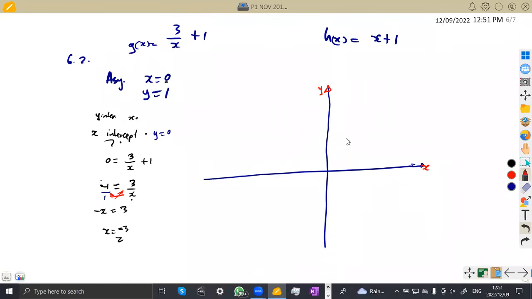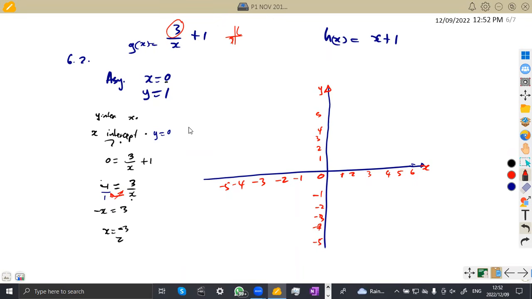Since the number that you're given is a positive 3, you're going to expect a curve of this nature. You can name your values 1, 2, 3, 4, 5, 6, and negative 1, negative 2, negative 3, negative 4, negative 5.